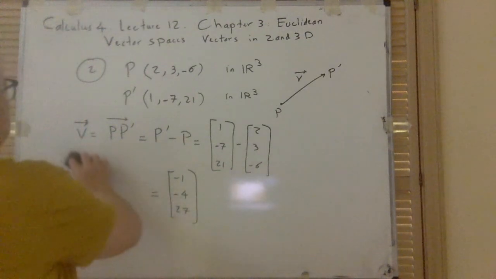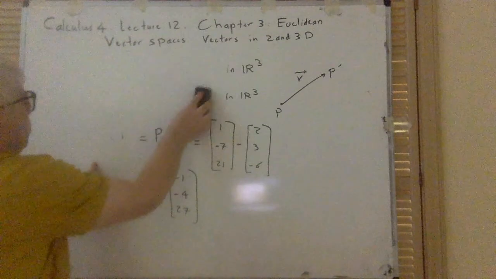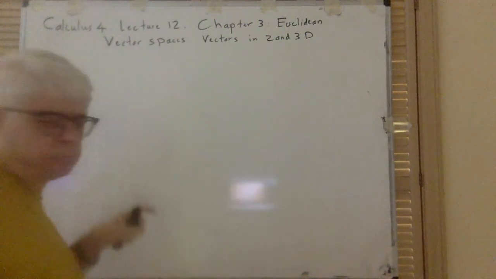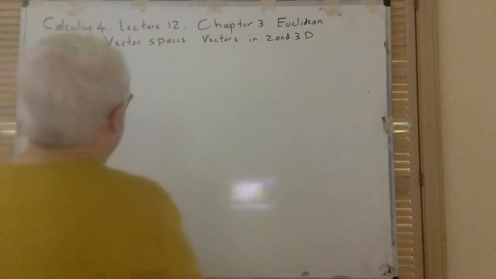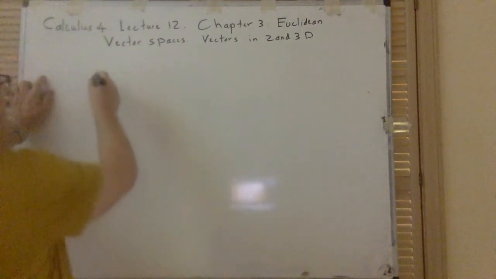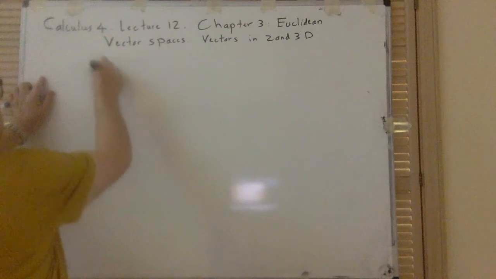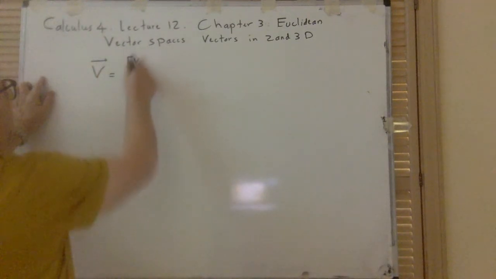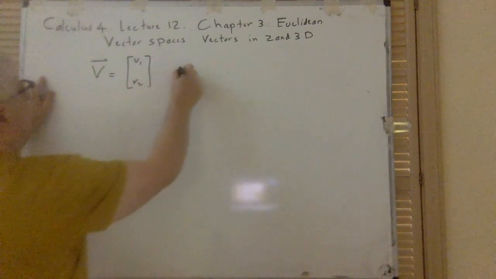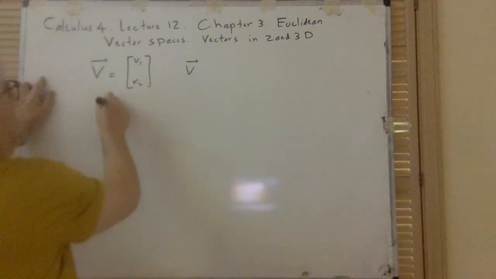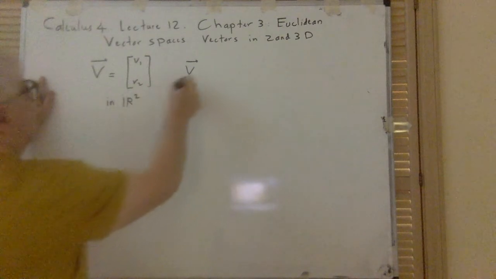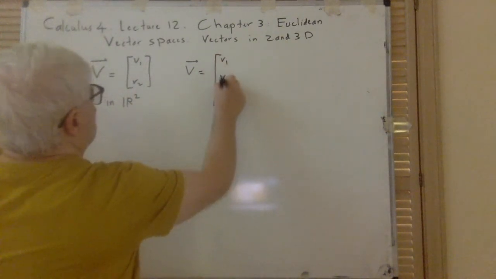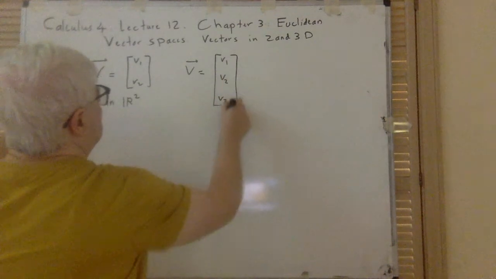So let me recap what I did here. I said a vector in R2 or R3 is like this, V1, V2 in R2, or in R3 it has 3 coordinates, or 3 entries.